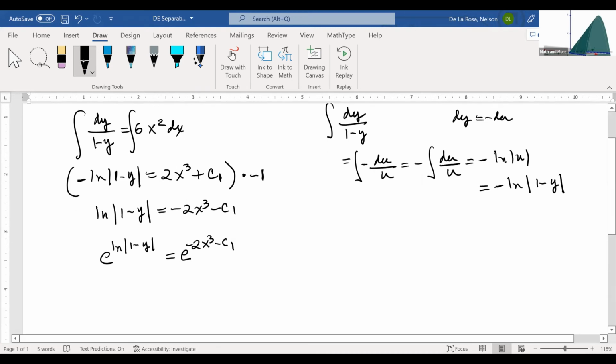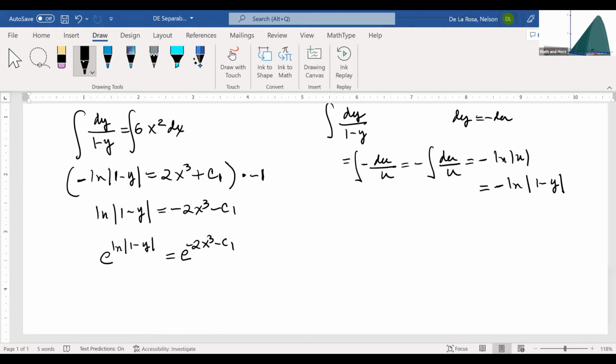And then the exponential and the log cancel each other. We're going to get on the left just the argument, which is 1 minus y equals, then on the right, we're going to have e to the negative 2x cubed times e to the negative C1.